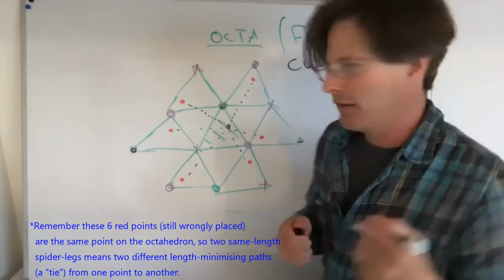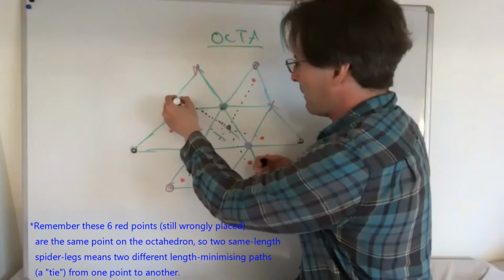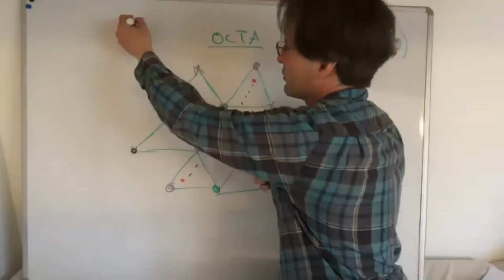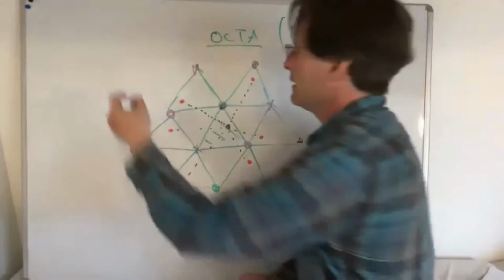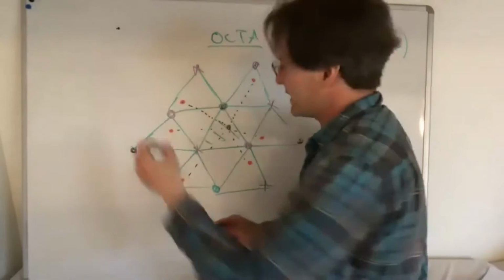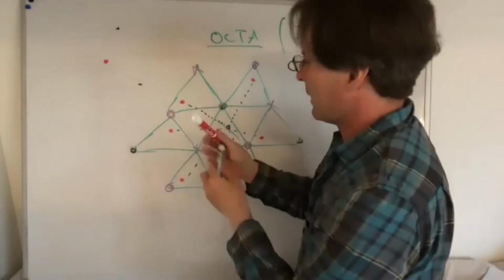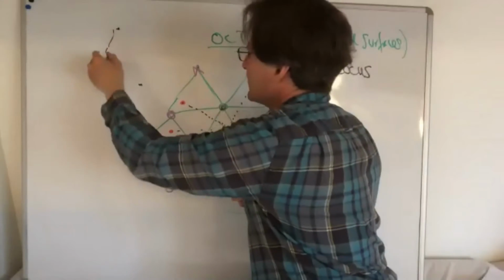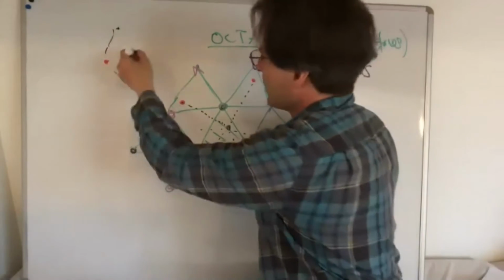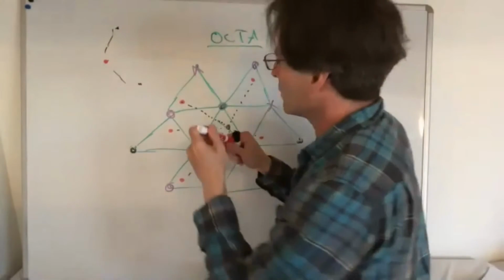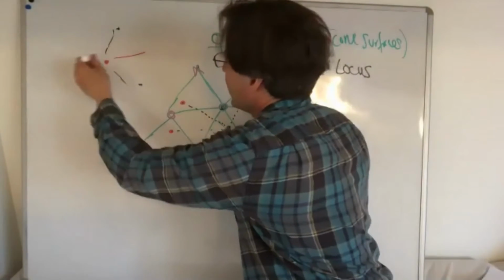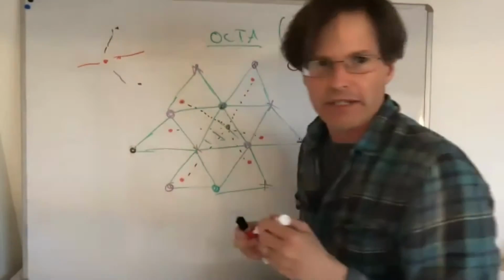And if some point has that property, if you think about it abstractly, imagine your point is here and these spider legs are the same distance, then there's a whole line of things where they're equidistant.